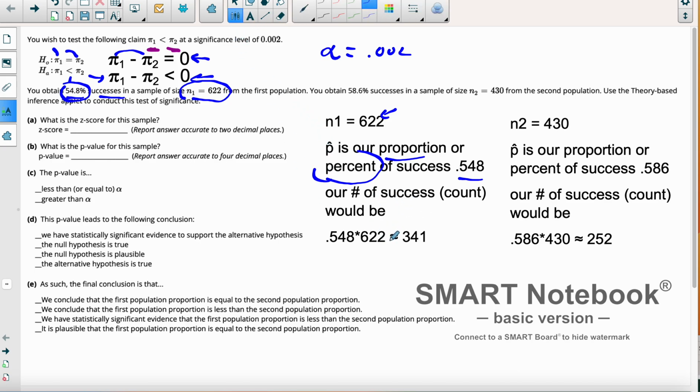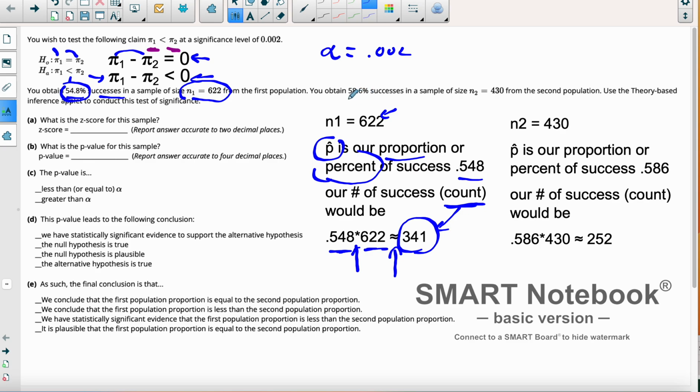But how would I figure out what my number of successes is, or the count? We'd say 54.8% success, so 54.8% of my total sample size, 622, would give me approximately 341 successes. That would be my count. But because they gave us the 54.8 or the 0.548, that's already my p hat.